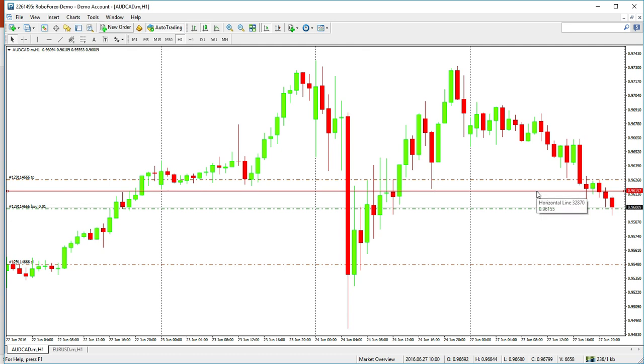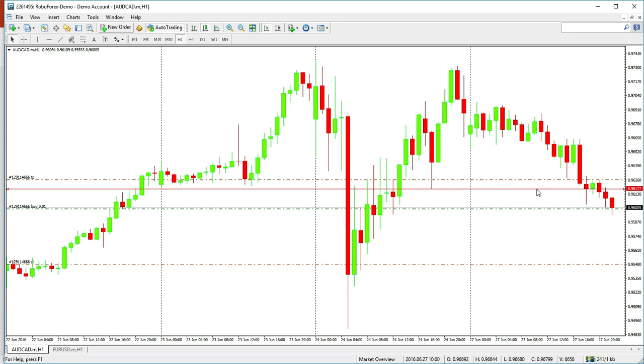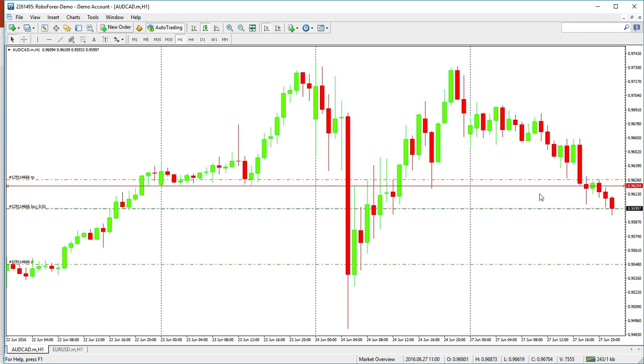The only case where your stop loss will change is when the market goes upwards. If the market is going up and up and up, your stop loss will move with it. Your stop loss will be here and here and here and here. That's how the trailing stop works.